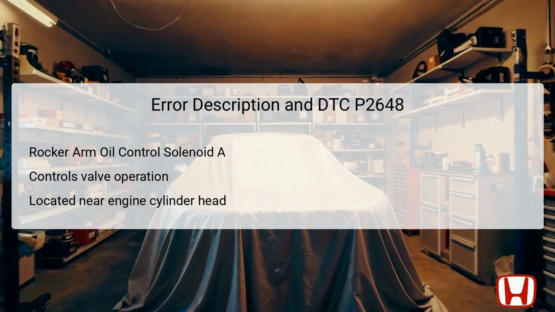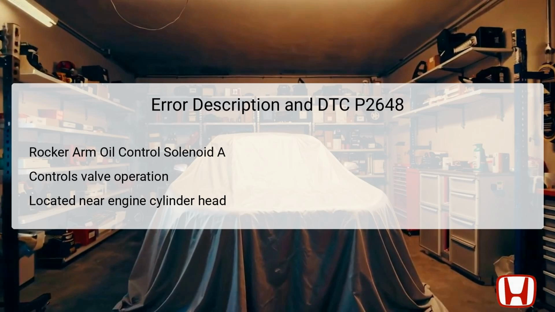DTC P2648 specifically refers to an issue with the rocker arm oil control solenoid A circuit on Bank 1. The rocker arm oil control solenoid is responsible for controlling the oil flow to the rocker arms in the engine. This oil flow is essential for the correct functioning of the valves, which are critical for engine performance.